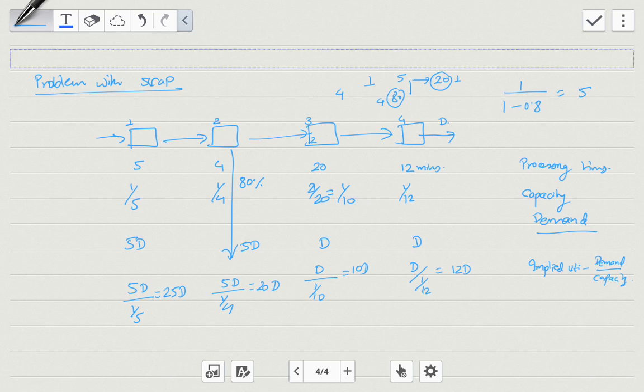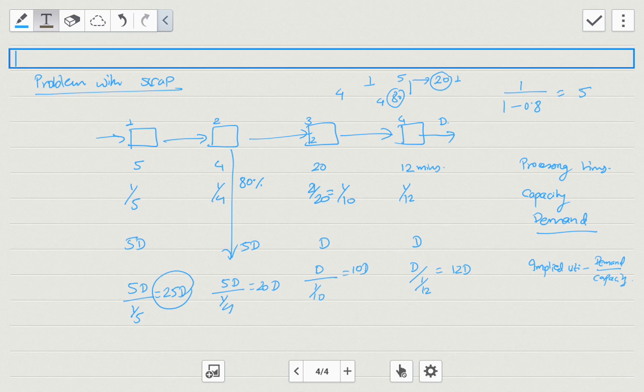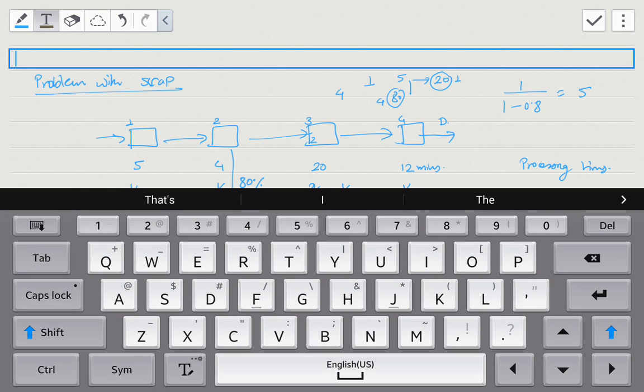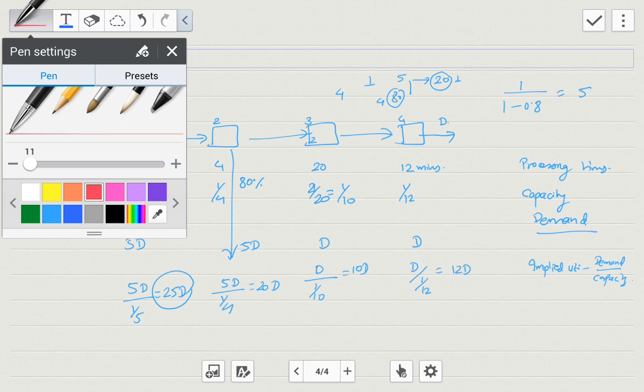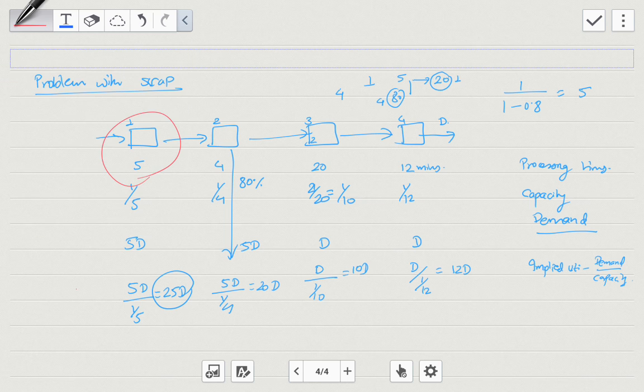So the resource with the highest implied utilization, that is our resource 1, is the bottleneck. So the first question, for every unit of demand D, how many units have to flow through the second step?